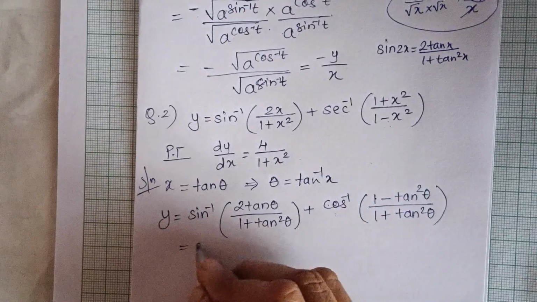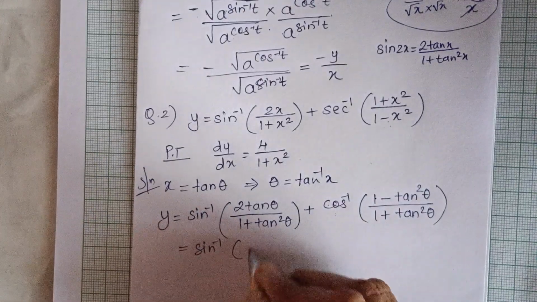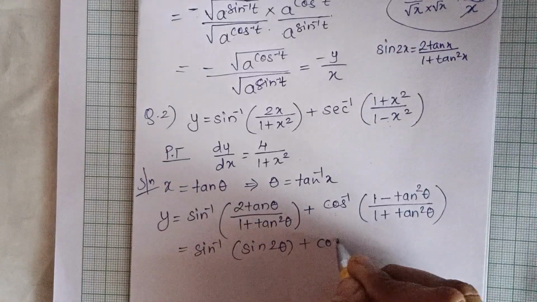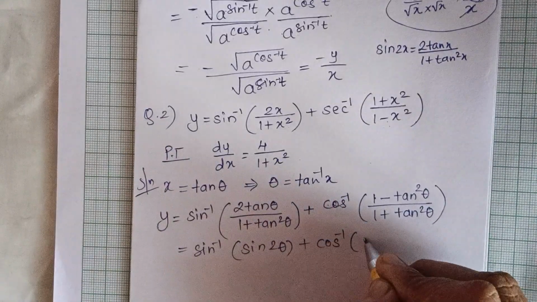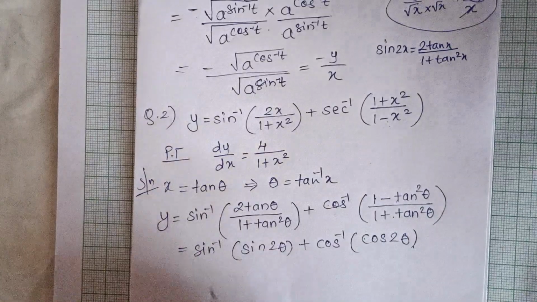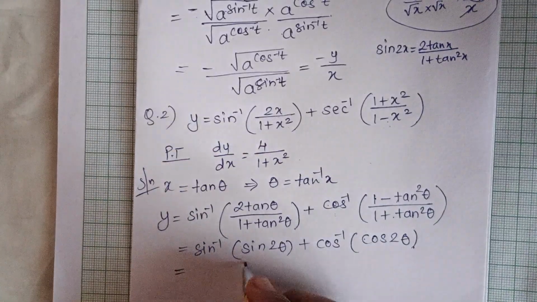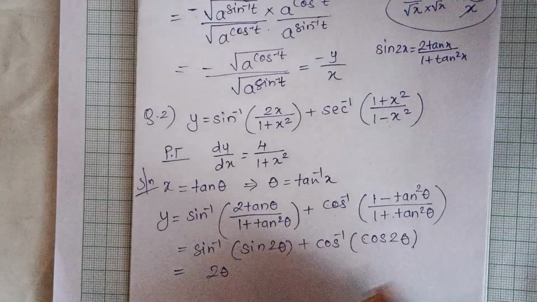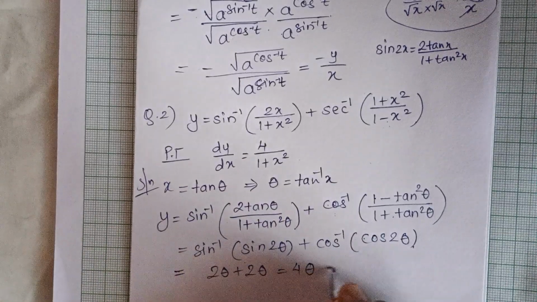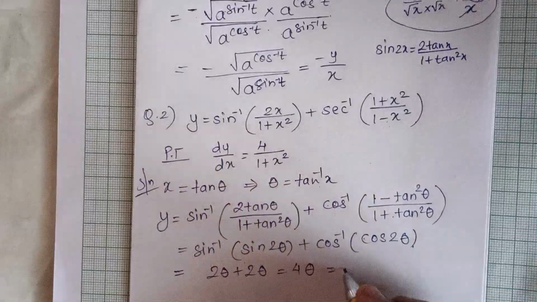Okay, so this becomes sine inverse of sine 2 theta plus cos inverse. This will be cos 2 theta, right? So this you can write 2 theta. This is also 2 theta. This becomes 4 theta, and theta we got tan inverse.